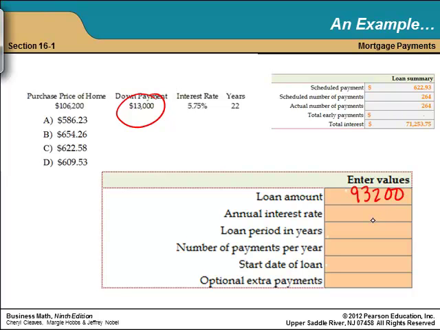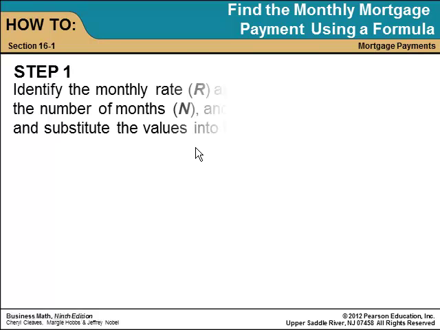Annual interest rate 0.0575. 22, 12, start date of the loan, and then when you press it, you get 622. Now they say 93, which is this one right here, and that's because in our book we use tables instead of exact values, so this is a much better way of filling that out. And of course you could also use just the equals PMT section.